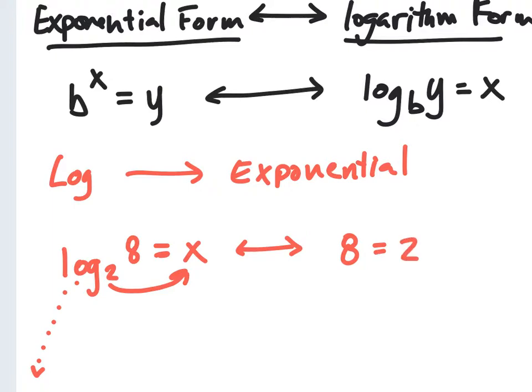Now 2 is supporting the x, and so x is my exponent. And so what I have done is I have gone from logarithmic notation to exponential notation, okay? So we should be able to do both. Go from exponential to log, and then log to exponential, okay?